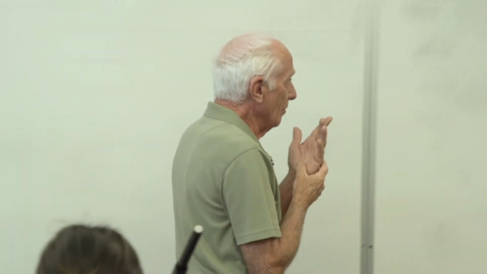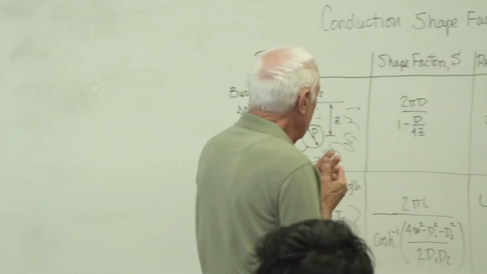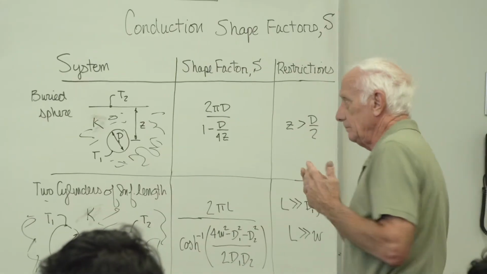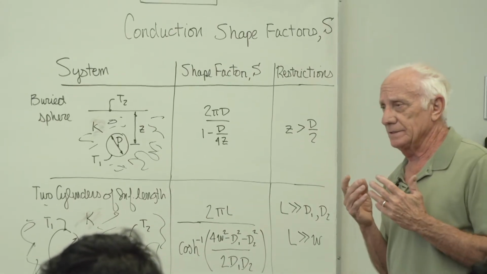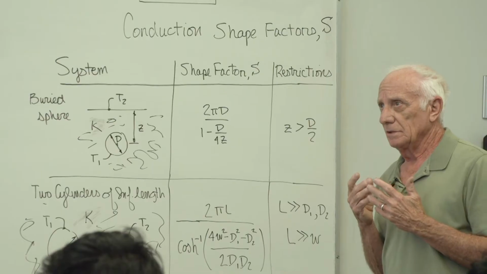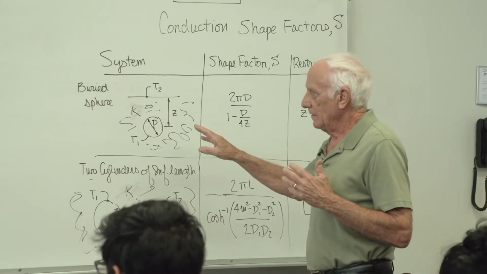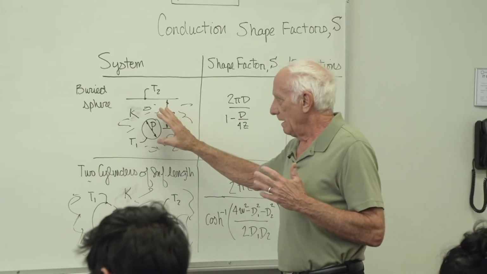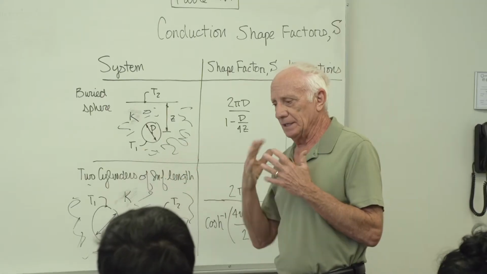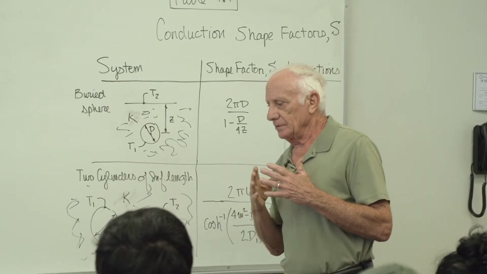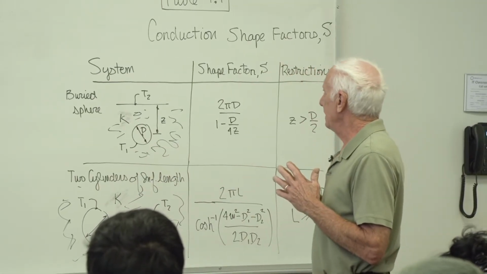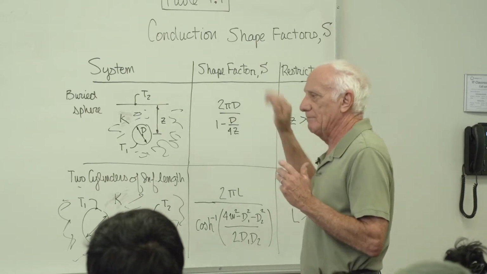Table 4.1 in chapter 4 lists, I think, 12 cases of problems that have been solved analytically. The solutions have been expressed in something called a shape factor.